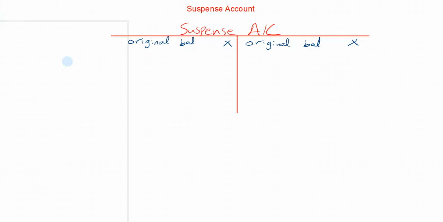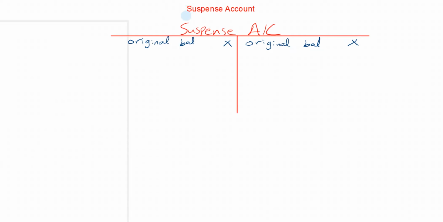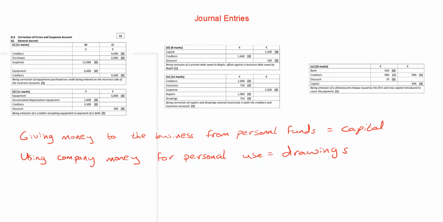Essentially, by doing the adjustments, we now have nothing in the suspense account. So we have to show it. We had creditors and purchase issue, which came from part 1. It was 12,060, and you can see it here as well, 12,060.